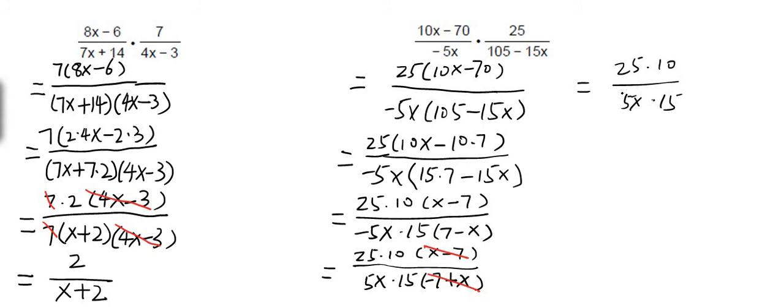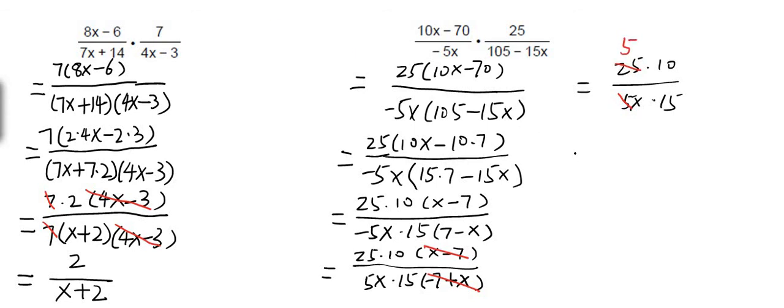Is 5. Or you can factor 25 as 5 times 5, and we can cancel out the 5. So here it's very clearly 25 divided by 5 is 5.